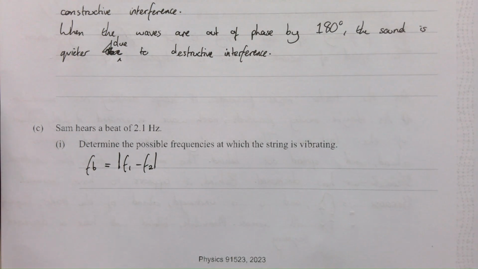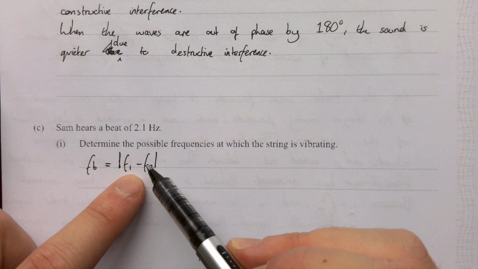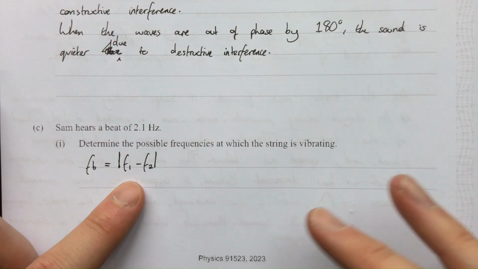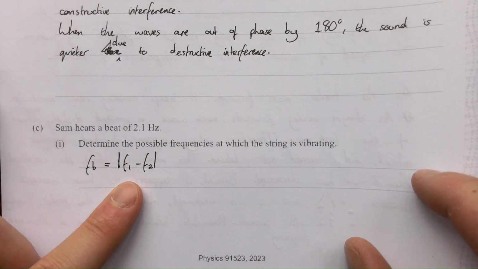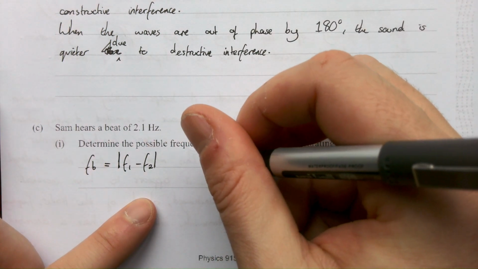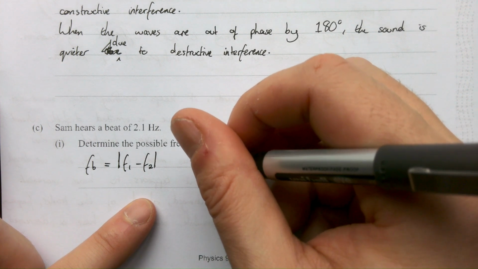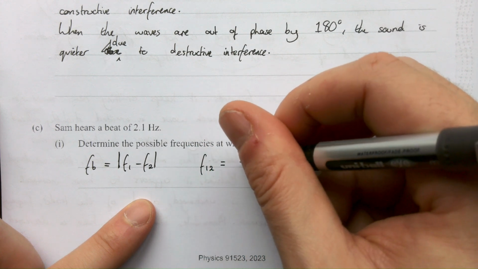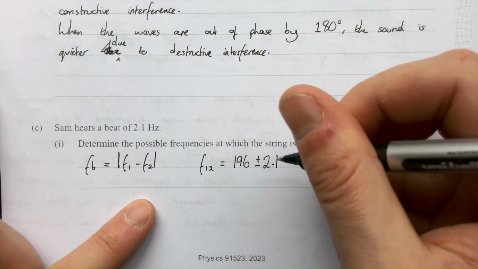Okay. Now, because it can either equal one minus the other or the opposite, because we're getting rid of negatives, it means we have two possible solutions. The fundamental frequency, same as it was before, is equal to 196. Now, F1 and F2 equal 196 plus or minus 2.1.